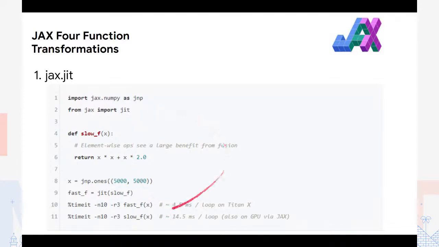To sum up, this code demonstrates how JAX JIT, the just-in-time compiler, can be used to improve the performance of a function in JAX, particularly for large arrays, by simply applying the just-in-time function to any specific function. This is just an example with the slow function.